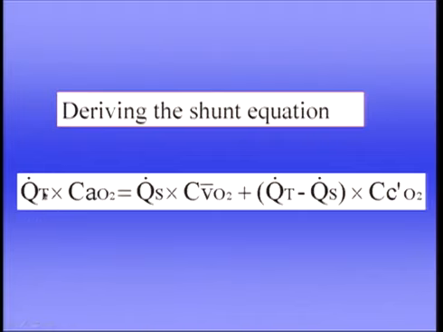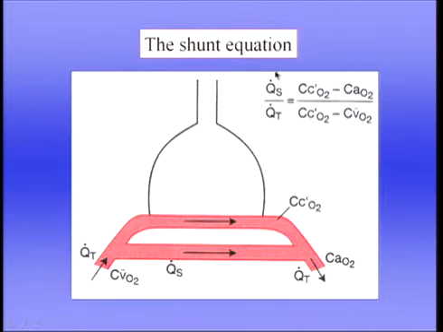All we're saying is that the total blood flow times the arterial oxygen concentration, that's what's coming out of the lung, is equal to the contribution from the shunt, which is Q̇S, times the concentration of oxygen in the mixed venous blood, which is in the shunt, plus the rest of the blood flow, QT minus QS, times the concentration of oxygen in the end-capillary blood. And that allows us then to write this shunt equation here. We're just rearranging the equation. I'm not going to go through the algebra, and you can see it here.